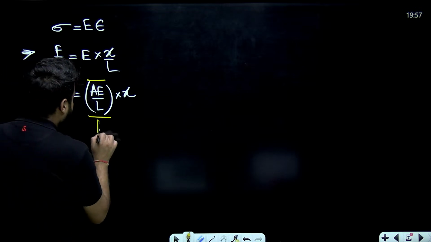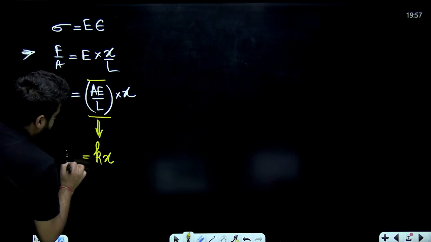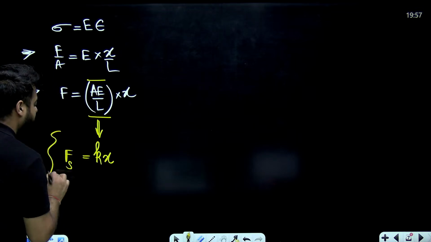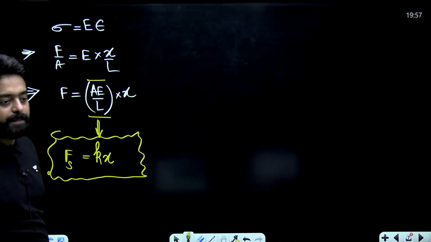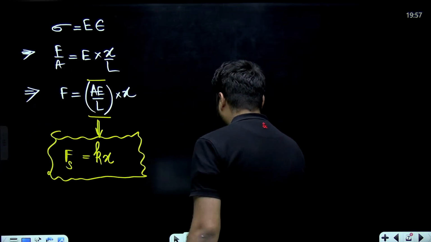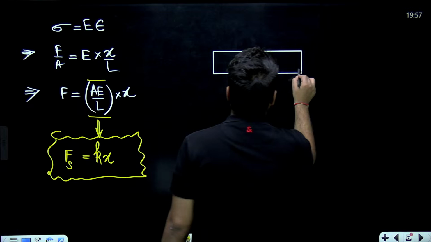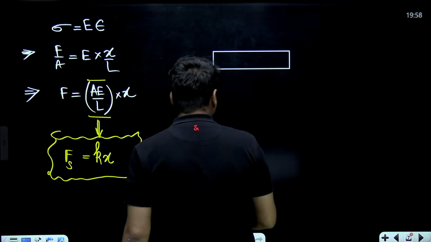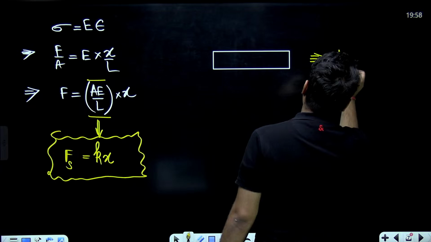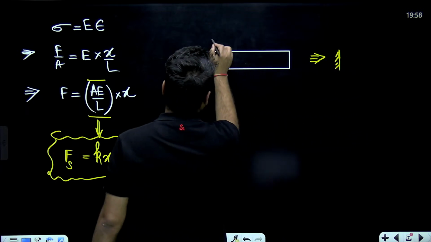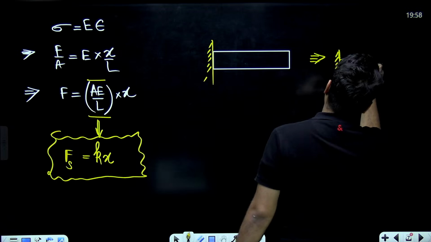If I want to convert it into a spring, that is called the spring constant, and the spring force is equal to Kx, which you studied in the spring chapter. So if any rod is there, can I convert this rod into a spring system?